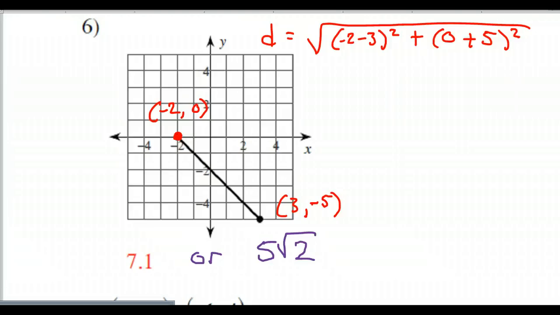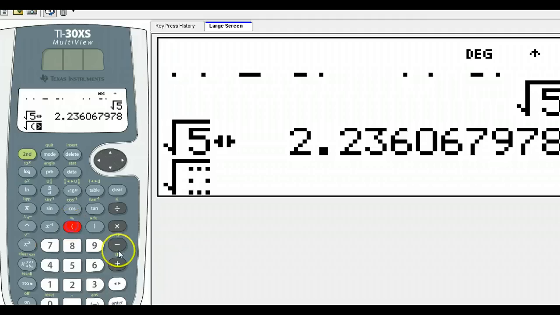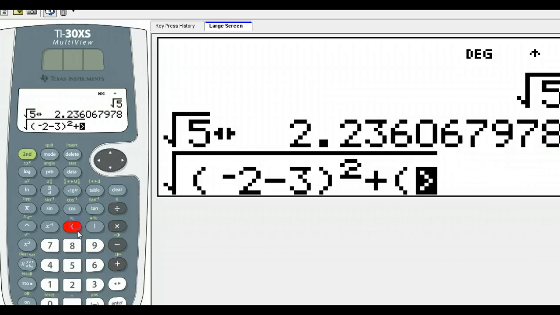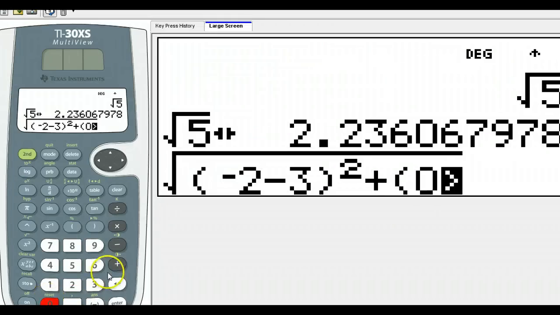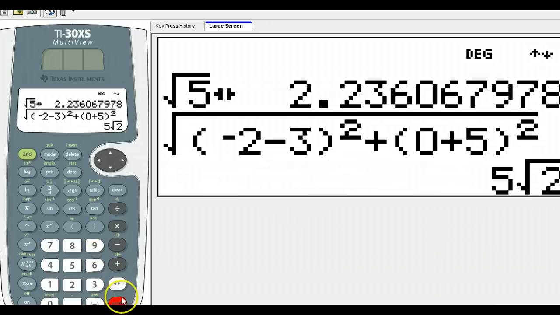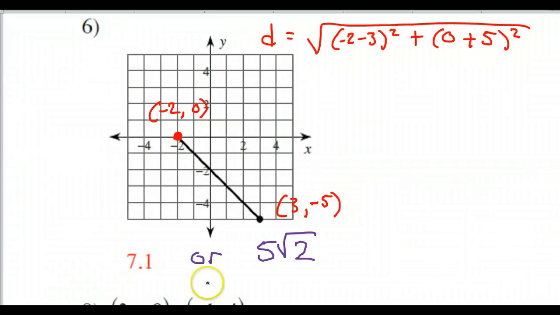Put it in the calculator. Five radical 2 or 7.1.